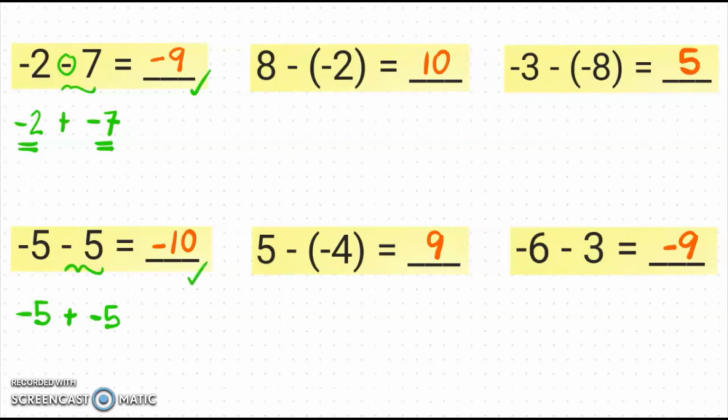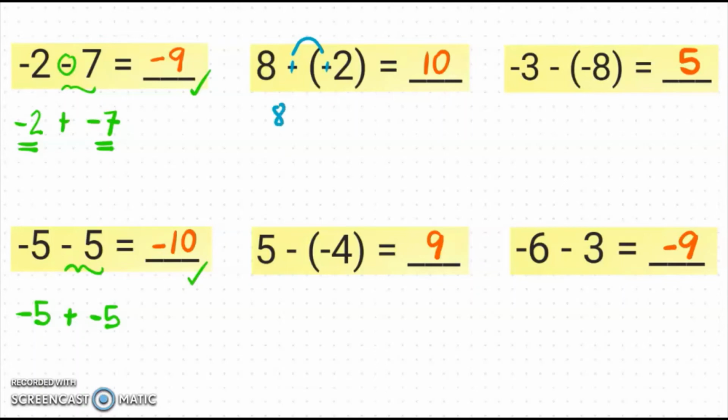So this is like adding negative 5 and negative 5 and we get negative 10. And for this one, 8 minus negative 2, how did it become 10? It's like we added 8 and a positive 2, right? To make it 10. And that's right. When you see a minus followed by a negative sign, we can make this addition.